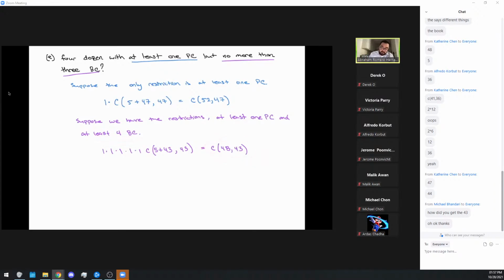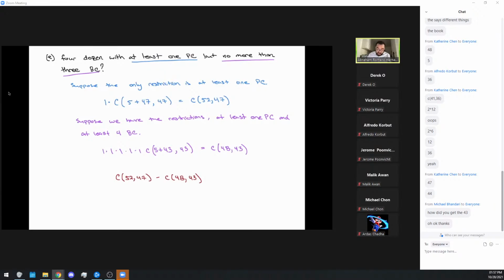all possibilities of having at least 1 plain croissant and at least 4 broccoli croissants. So 4 or more. So what I'm trying to get at is if I want to find what I was originally finding here, where I have at least 1 plain croissant, but no more than 3 broccoli croissants, all I have to do is take the set that has all those possibilities and subtract from it the set that has the possibilities of having at least 1 plain croissant and at least 4 broccoli croissants.